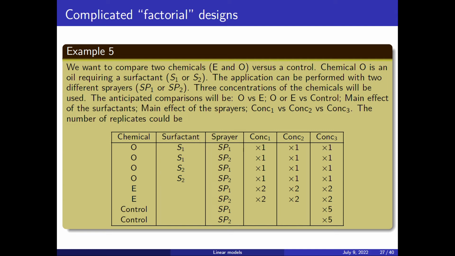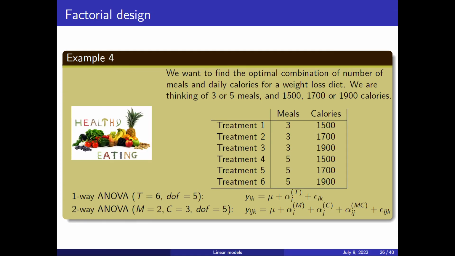So this is just to convey the idea that factorial designs are very flexible, so you can do whatever you want with them, and you can attribute the different components of the variability to the different factors, as we have done in this example.